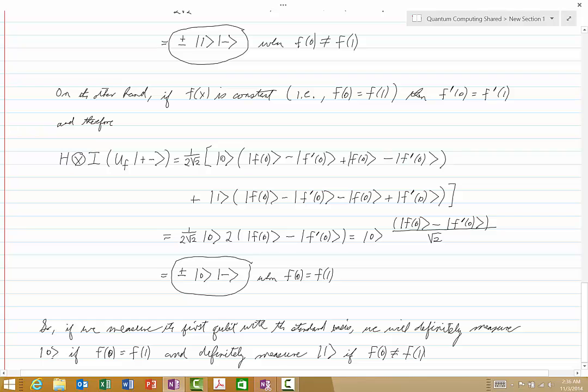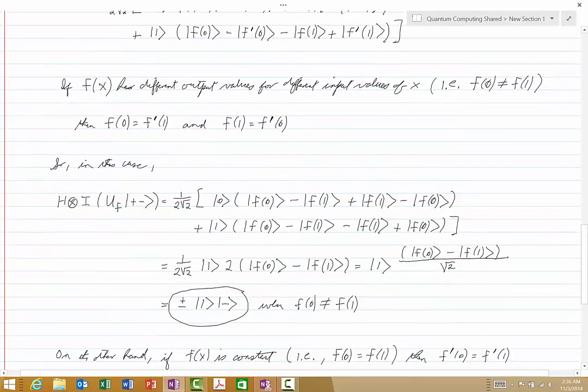Of course, we don't have to worry about the plus or minus because that's just a global phase difference, or a global phase term. So, once again, if f of 0 is not equal to f of 1, we're in this case, and if we measure the first qubit with the standard basis, we would definitely measure 1. And on the other hand, if f of 0 is equal to f of 1, if f is a constant function, and we measure the first qubit with the standard basis, then we will definitely measure 0.